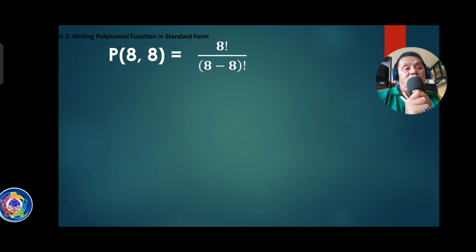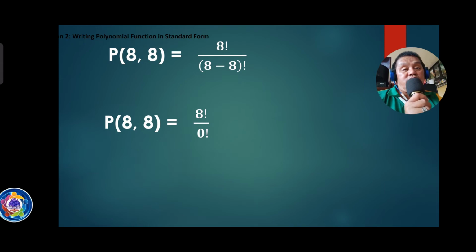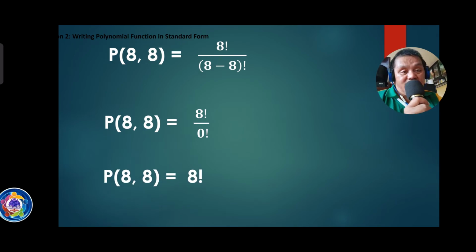So this will be equal to 8 factorial over 8 minus 8 factorial. This will be 8 factorial over 0 factorial, and 0 factorial is just equal to 1, so we have 8 factorial.